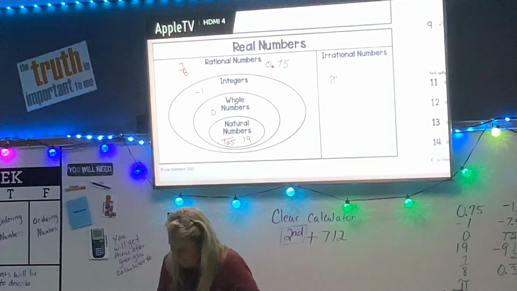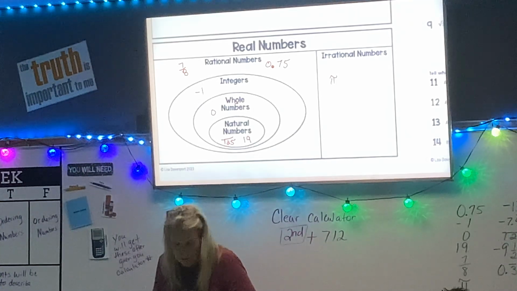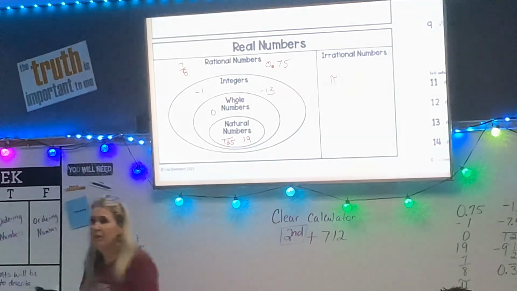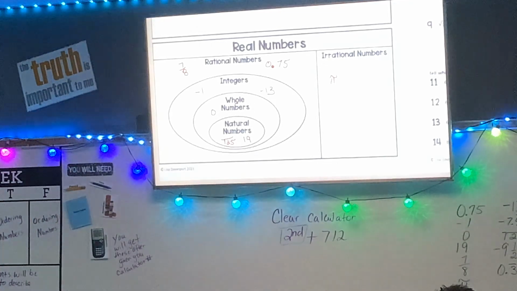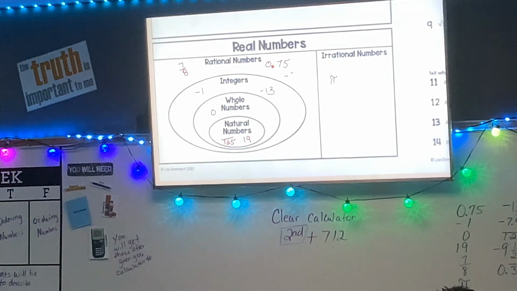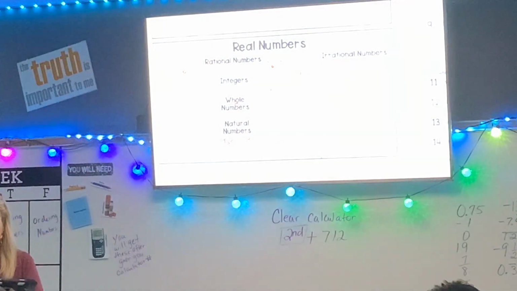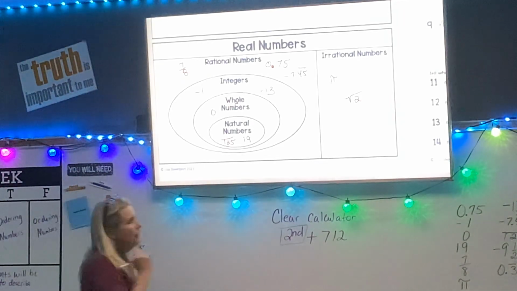Negative 13. Where did you put negative 7.45 repeating? Good. Where'd you put square root of 2? Irrational. It goes on and on and on forever.